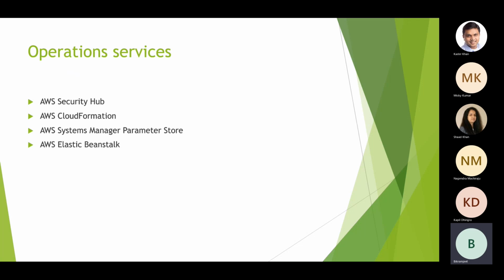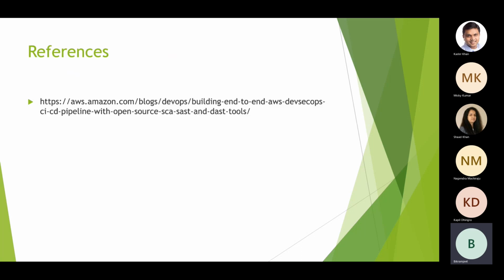These are not the only services, so the scope is not limited to these. These are the widely used ones which AWS recommends. You can always go and find out other services because AWS is offering new services every other day. So you can use them, test them, and have them integrated in your CI/CD solutions.